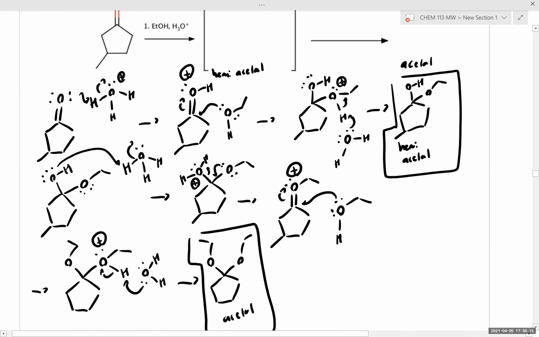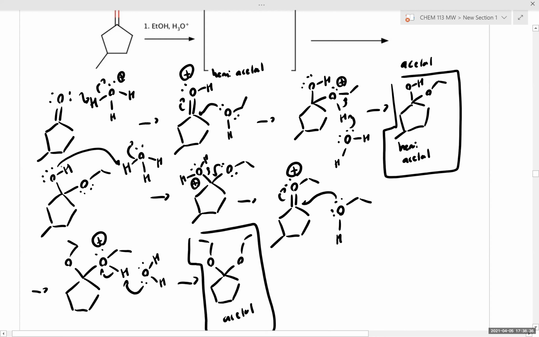We now can attack our carbonyl with weaker nucleophiles, and then we have a proton transfer to generate our first adduct. This adduct, where we have addition of a single molecule of alcohol into a ketone, is known as a hemiacetal.